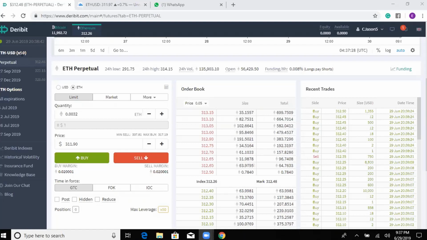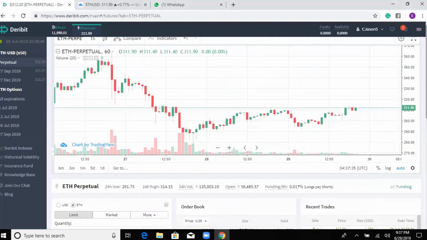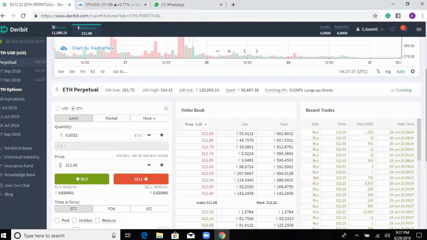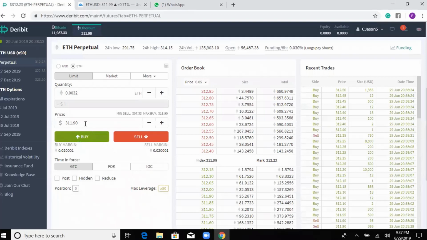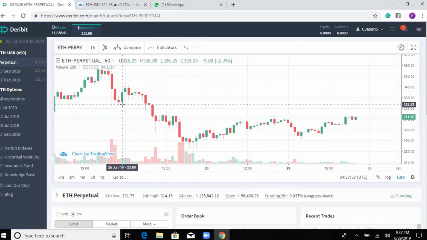If you're trading to the downside, what we mean is you can go long or you can go short. If you buy Ethereum, and I'm going to explain what limit and market mean, you're buying to go long on Ethereum.